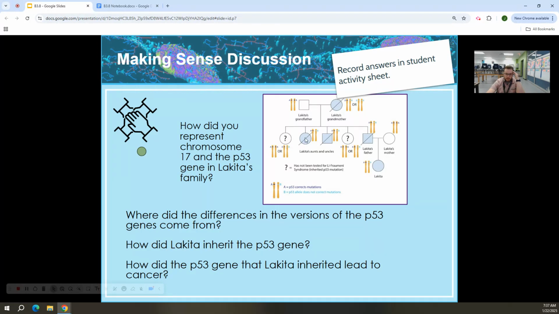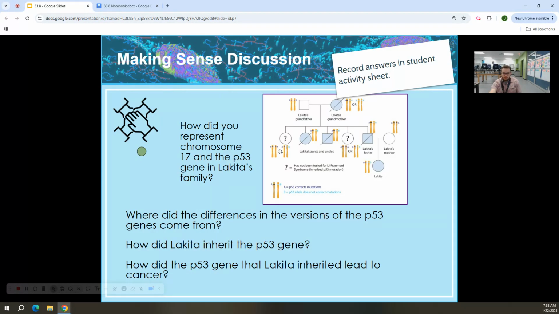So looking here at the essential key, you can see Lakita's grandfather, like we said, can only have A alleles that are functional. Lakita's grandmother could either have an A allele that's functional and a B allele that's not, or 2 Bs. You kind of get to pick, or you could represent both. I'm okay with either. And then the 2 question mark aunts have 2 possibilities.